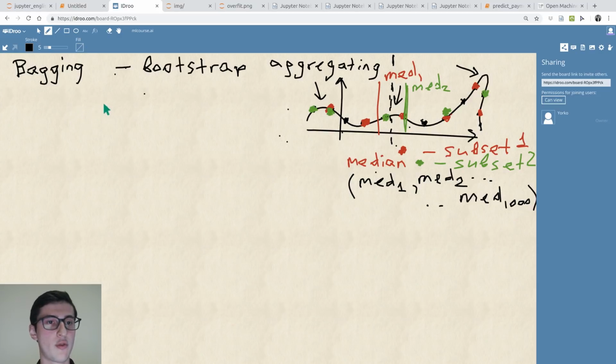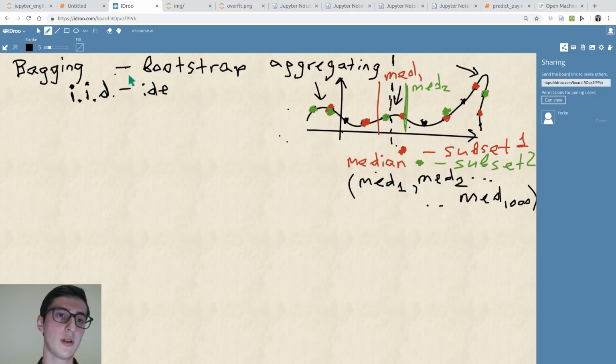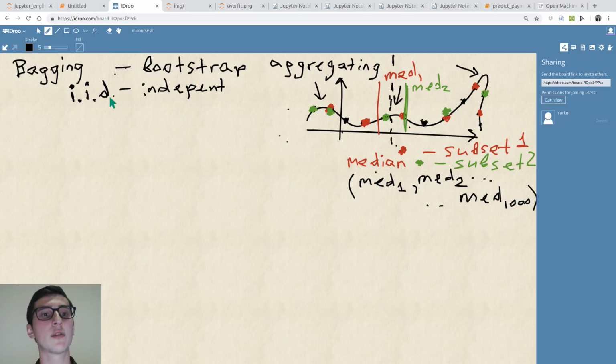Okay, so remember in a previous lecture, there was a very important assumption that our training set is IID. So it's a very famous combination of 3 letters in statistics, in machine learning. So it means that observations are independent and identically distributed. So again, independent. But you see, it's about observations.